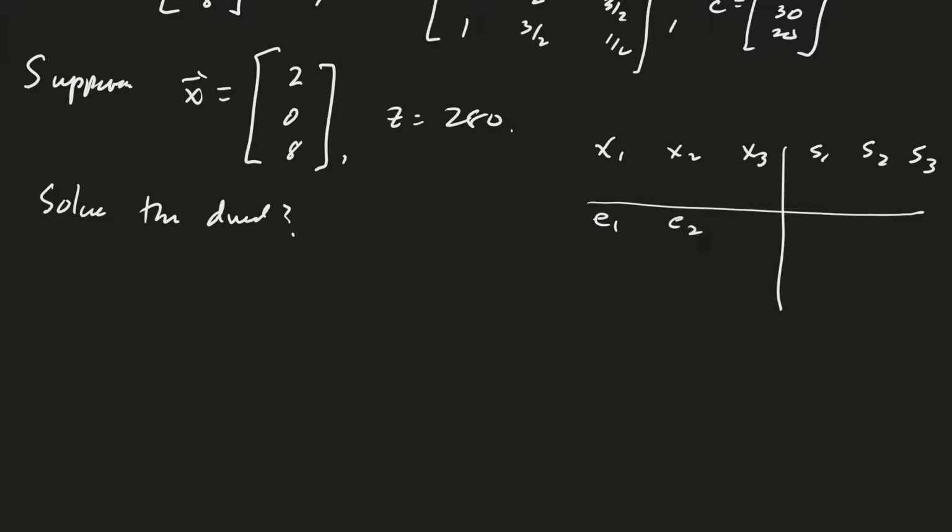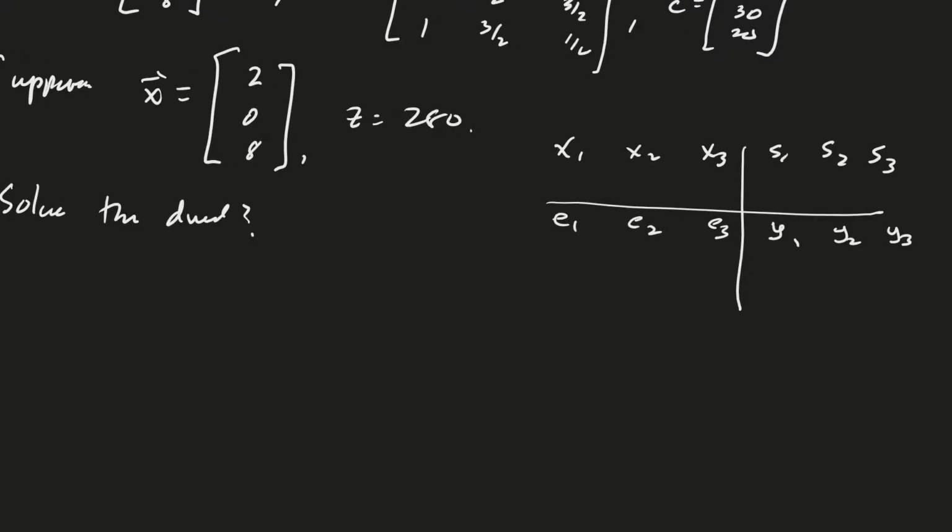I'm lining those up with our x's and our solutions to the dual down here. I know this one is 8, so automatically, what can we say using complementary slackness? Well, we know that e1 must be 0 and e3 must be 0.